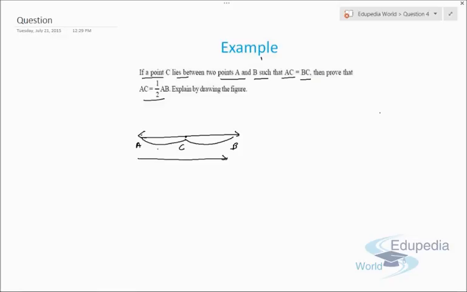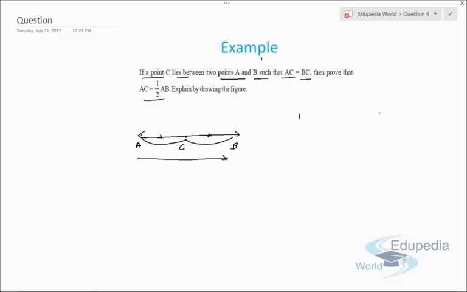Now as we have discussed in the postulate, if equals are equal to the same thing, then they are equal to one another. Means if this side is equal to this side, then these two sides are equal to one another.